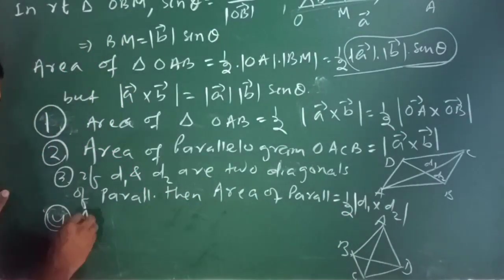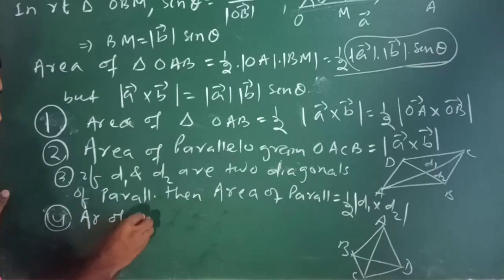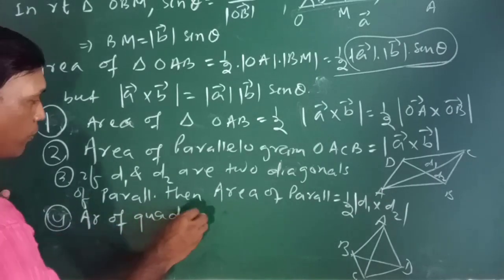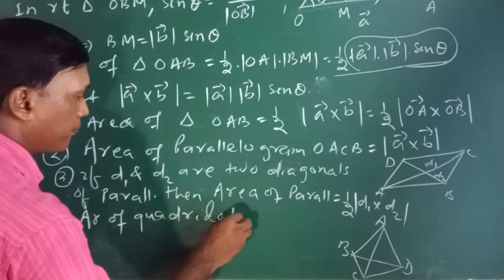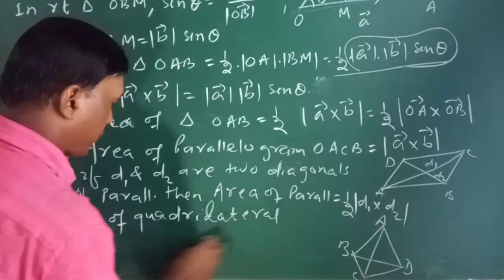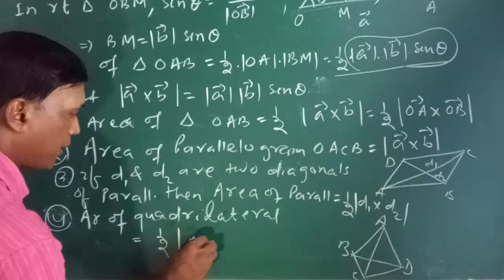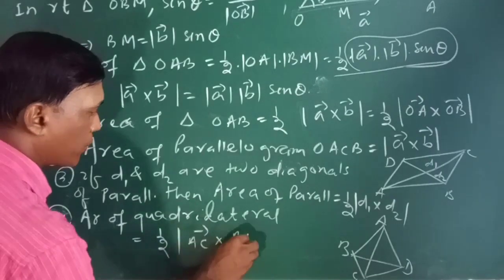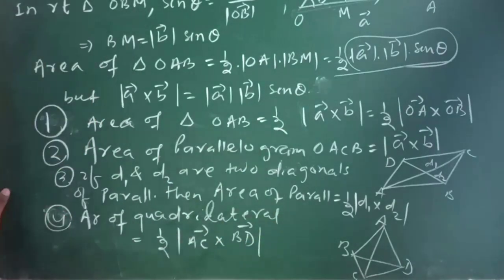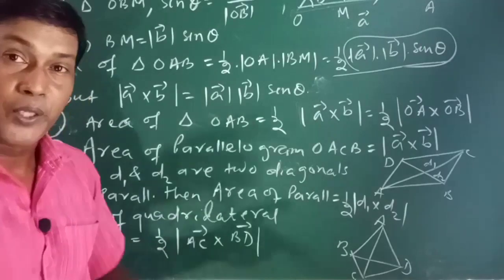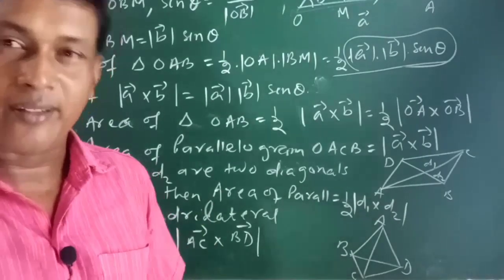Then the area of the quadrilateral is equal to half of AC vector cross BD vector. That means half of the cross product of the two diagonals.